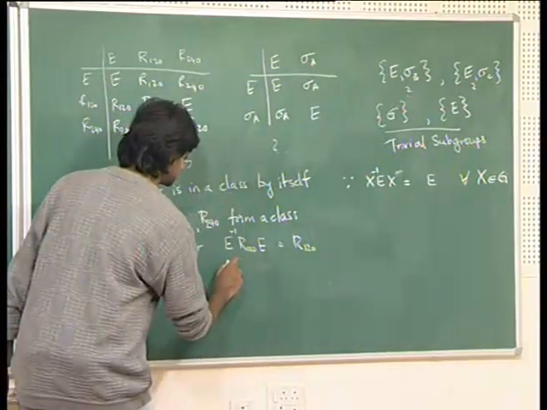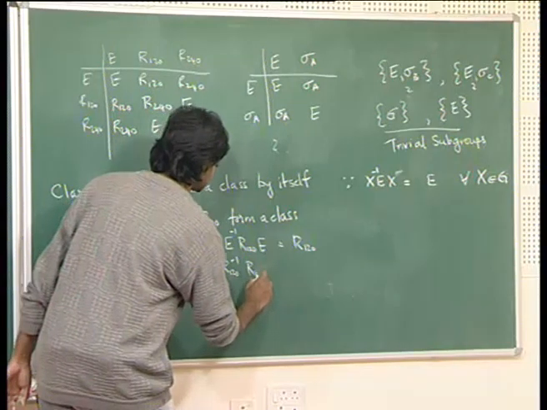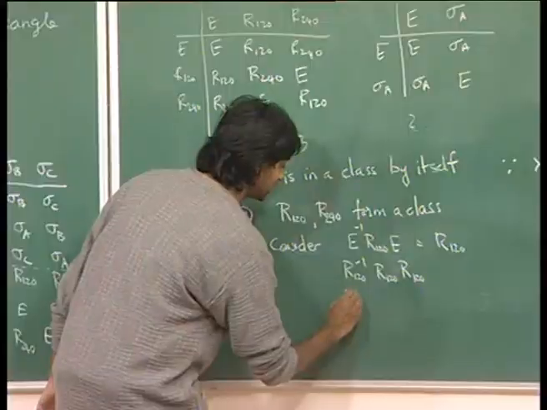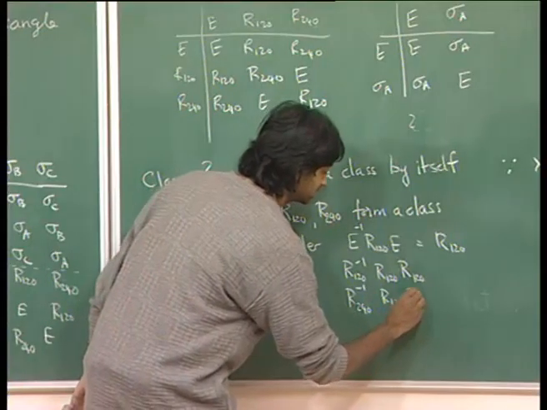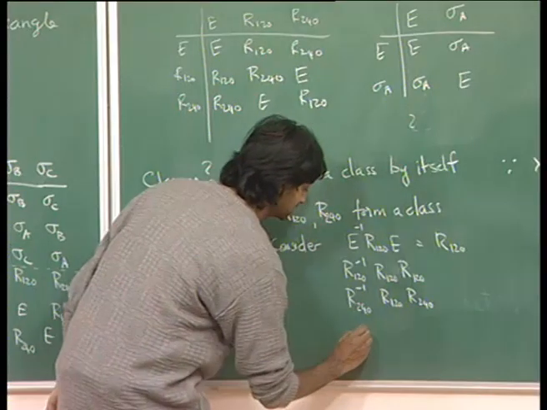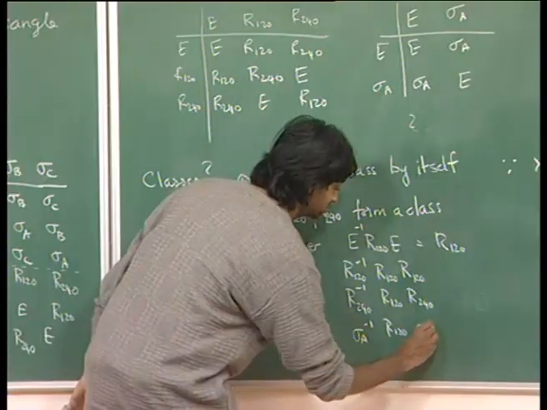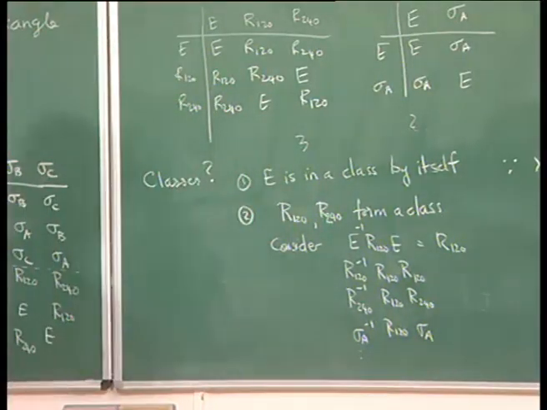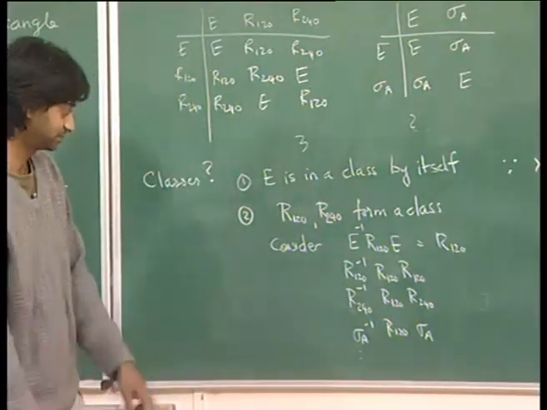Then you consider R 120 inverse R 120 R 120. Then you consider R 240 inverse R 120 R 240. Then you consider sigma A inverse R 120 sigma A, and then similarly you will do for sigma B and sigma C. So, this will give you the set of all elements that are conjugate to R 120.